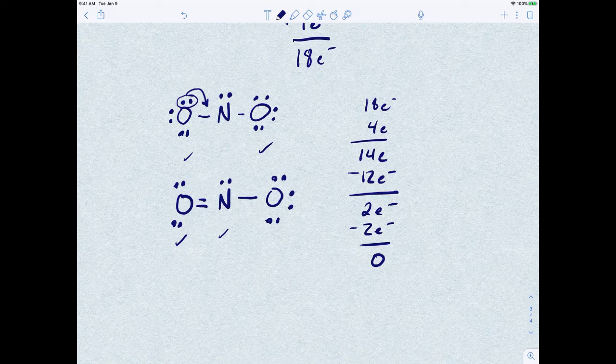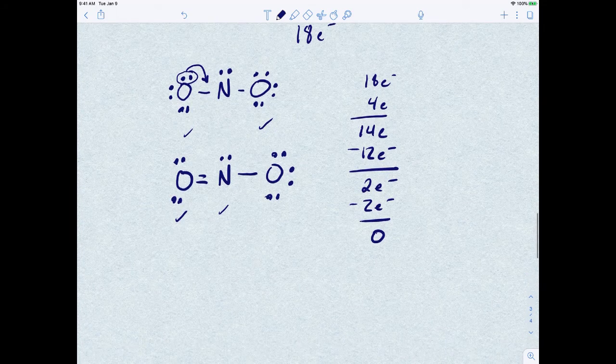Perfect. Remember that if there's a way that we can verify whether or not this is a good structure, let's calculate the formal charge for that nitrogen. For nitrogen, it's in family 5A, so it should have 5 valence electrons normally. How many non-bonding electrons does it have? 2.